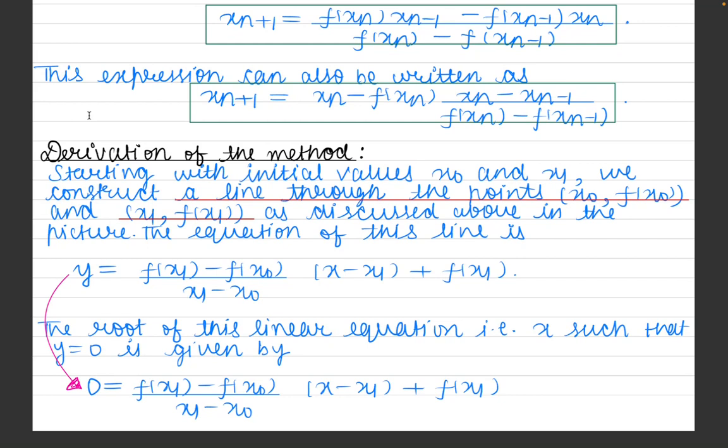And what will be the equation of the line? You have to have a line through the points x0 comma f of x0 and x1 comma f of x1.